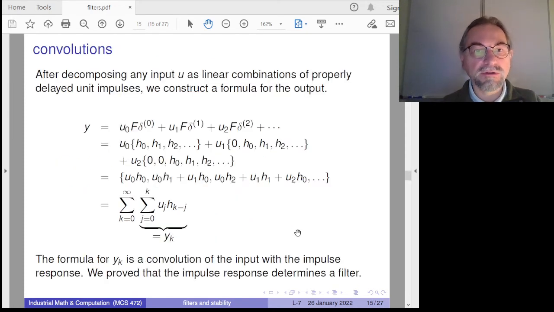Okay, so how do we do this now computationally? Where do the convolutions come in? So I had the big sigma as an expression for y. Let's write it out.